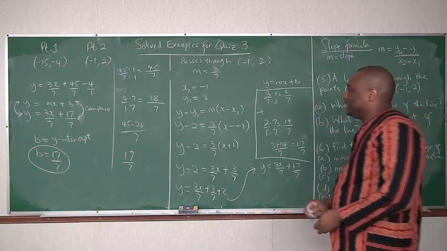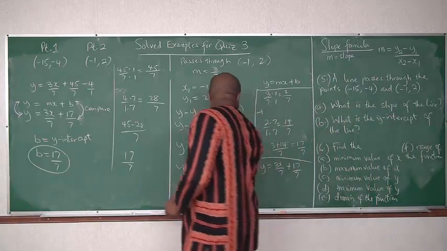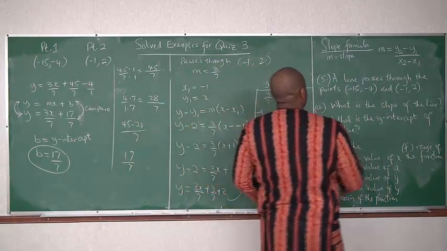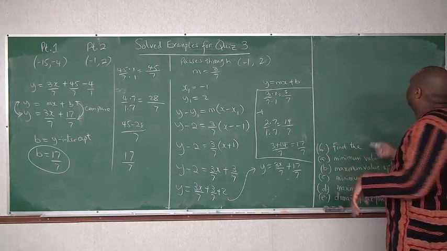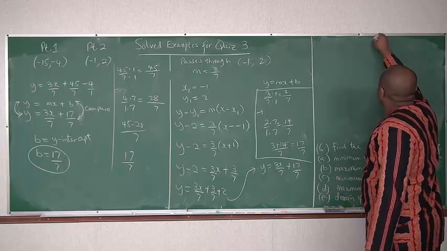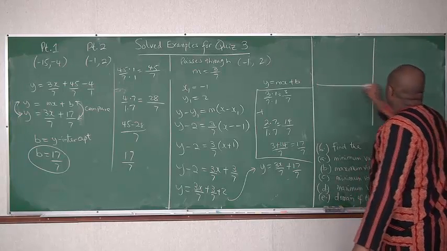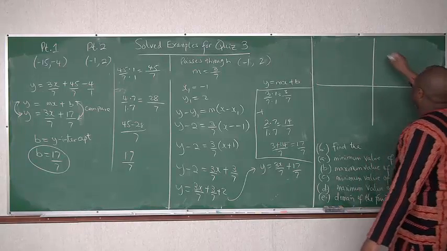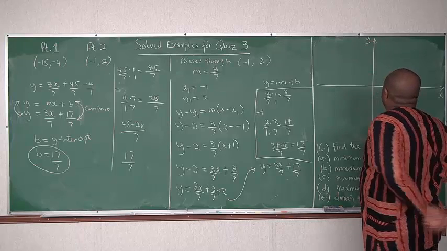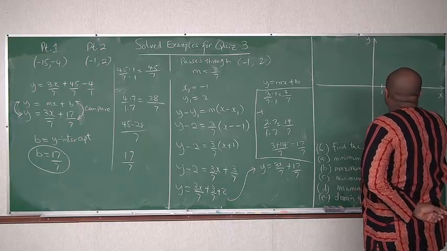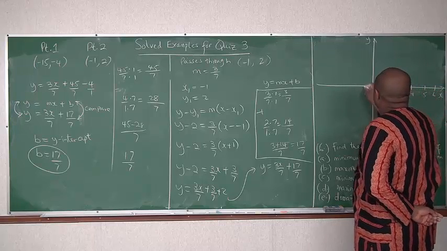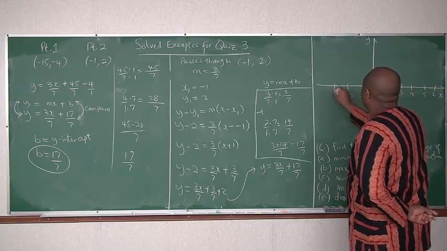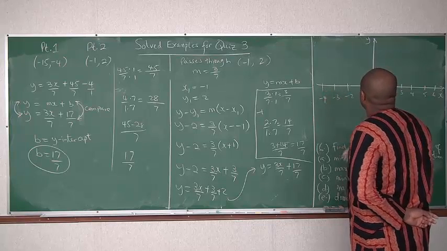Now question 6, last but not the least. Let's say we have a graph. I'm just going to sketch this. X, Y, 1, 2, 3, 4, 5, 6, negative 1, negative 2, negative 3, negative 4.